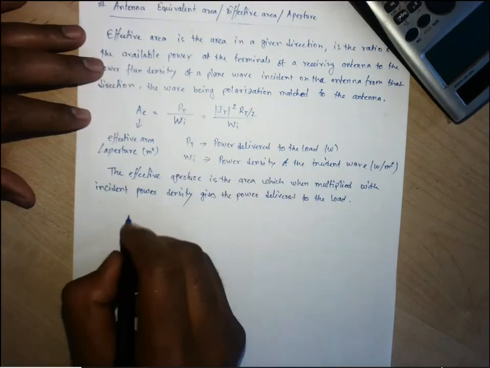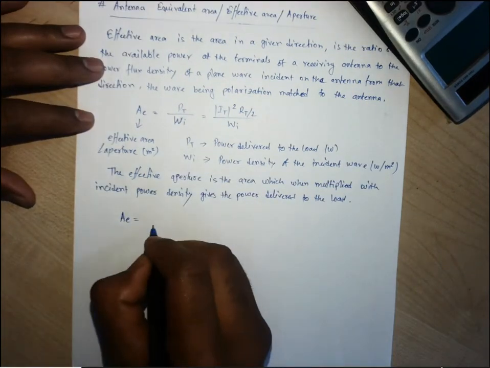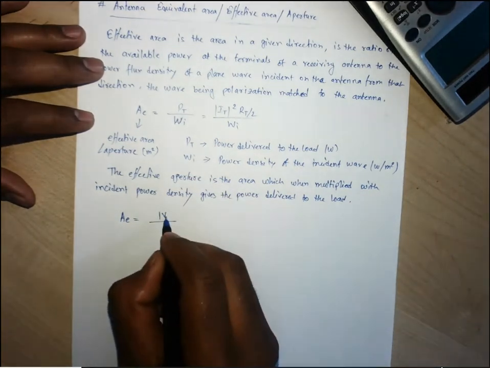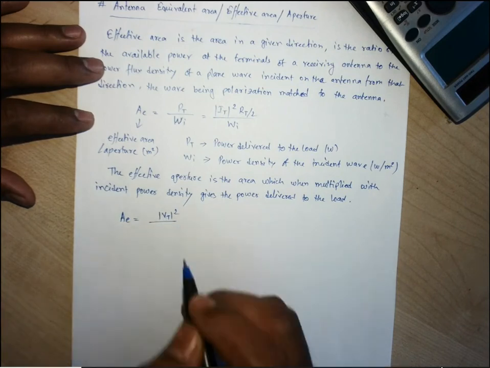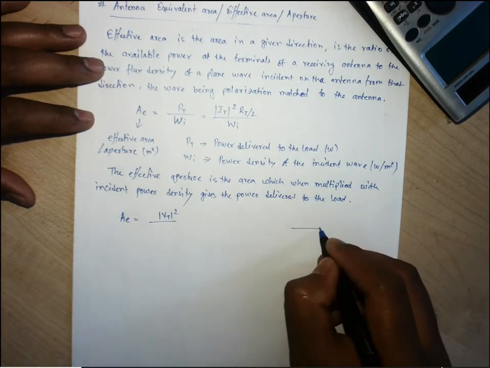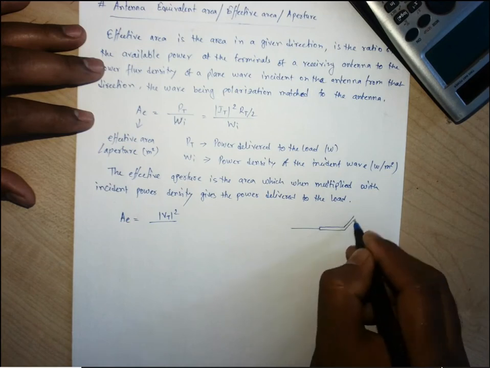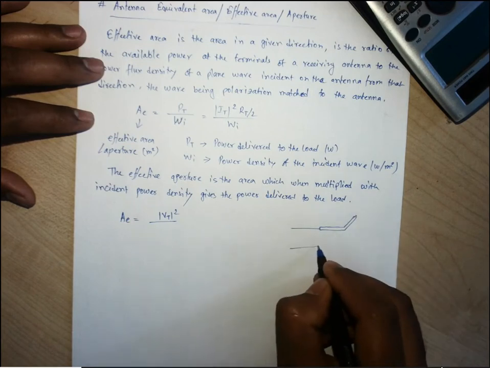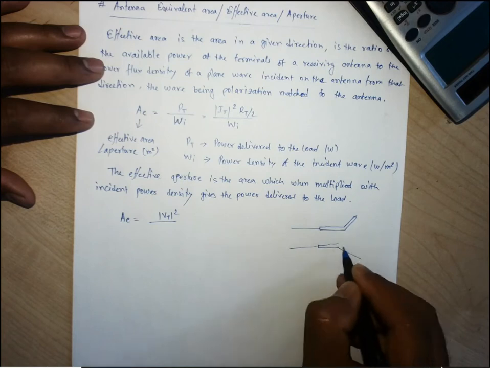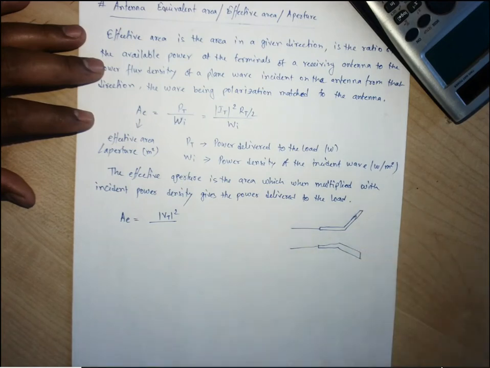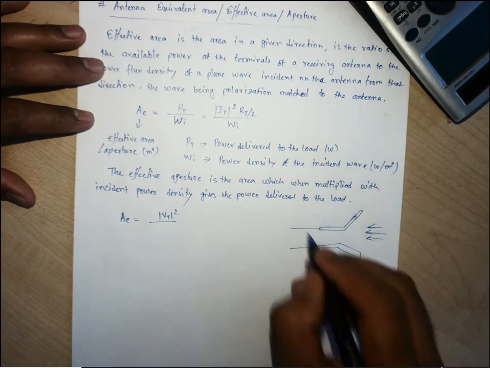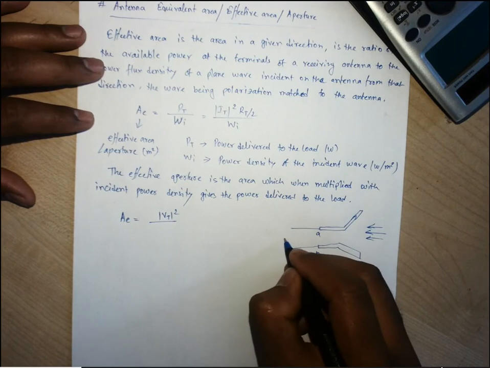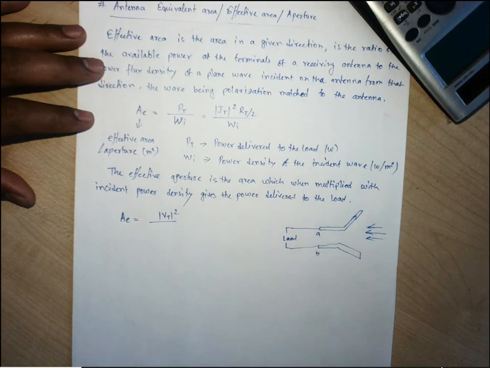That is, this effective area can be written in terms of Vt square, the voltage at the antenna terminal. So what does it mean? If we have this dipole antenna, the waves are incident on the antenna structure, terminals A and B, and this is the load which is connected at the antenna terminals.